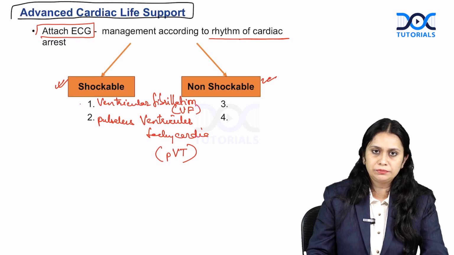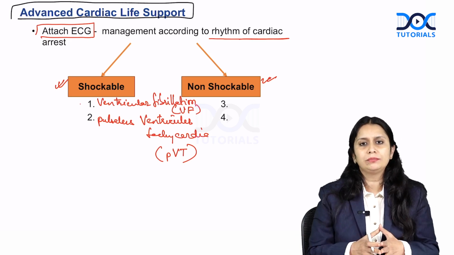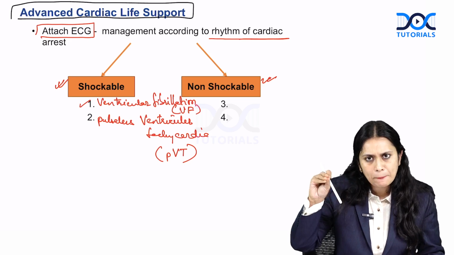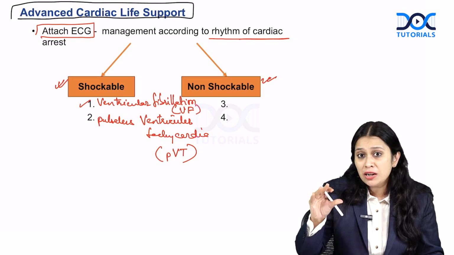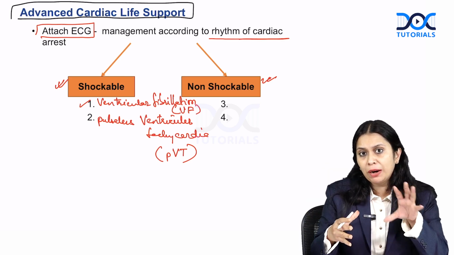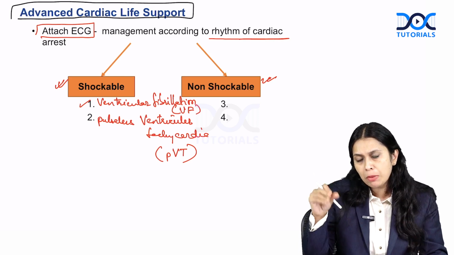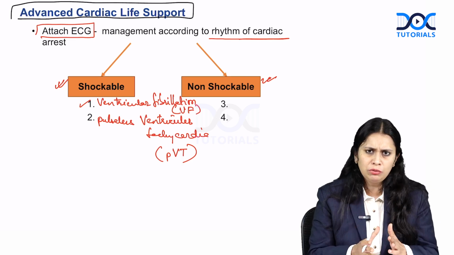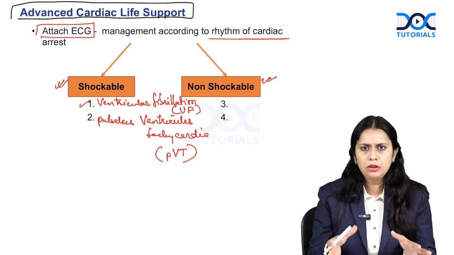These are shockable rhythms. Now, why are these shockable rhythms? Because in VF, ventricular fibrillation, the heart is fibrillating like pop, pop, pop, pop, pop. And this is not an electrical activity which will get converted into a perfusing rhythm. So this pop, pop, pop is not getting converted into cardiac output. So what we do, we give shock and the heart stops.